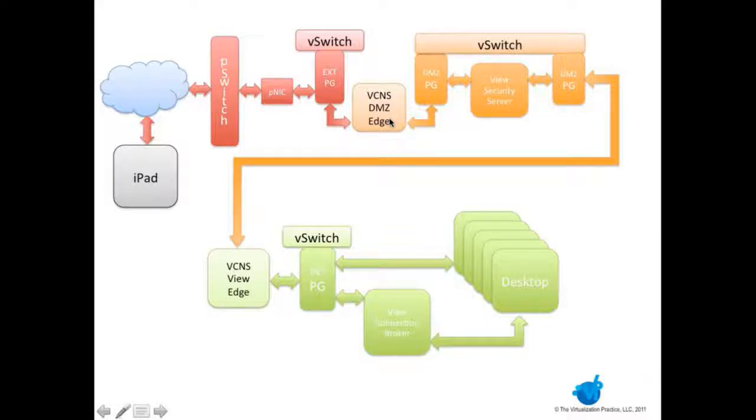It's an edge there. I'm going into my DMZ, which has the View security server. And then I go into another edge, which leads me to my internal network and my connection broker and eventually my desktop, and that all gets shipped back out to my iPad. So I'm actually going to be setting up two edges.